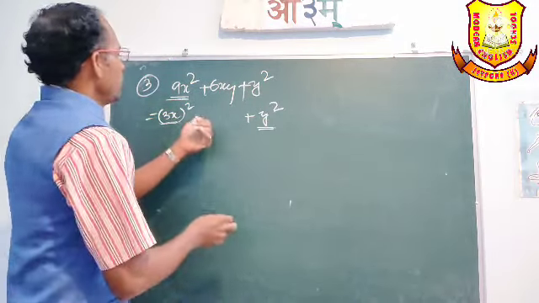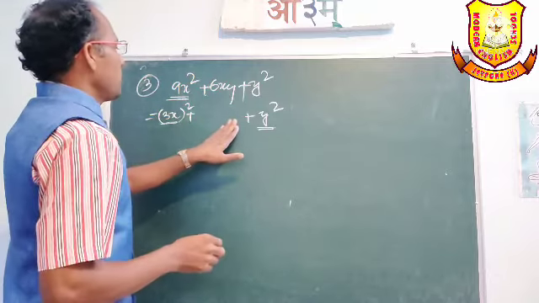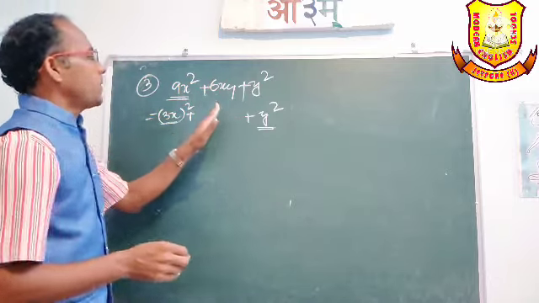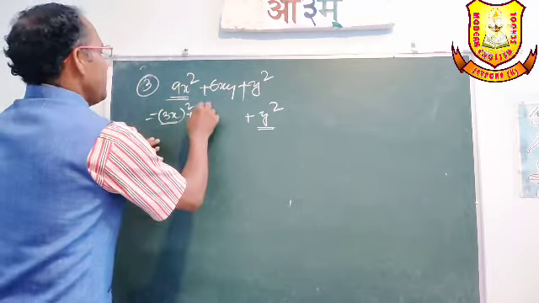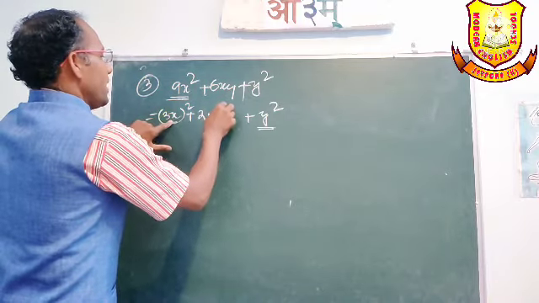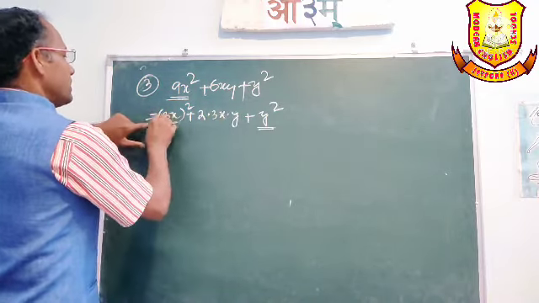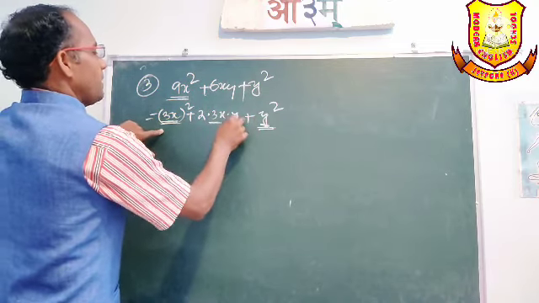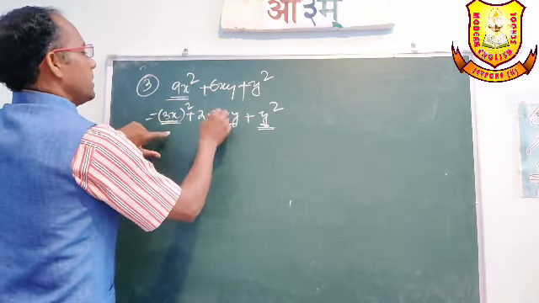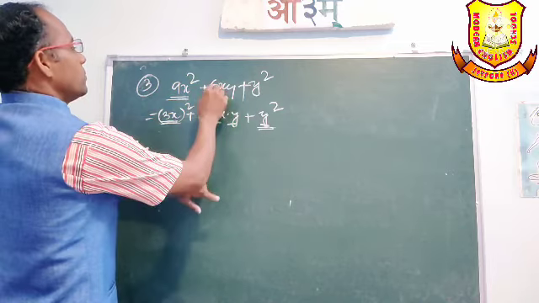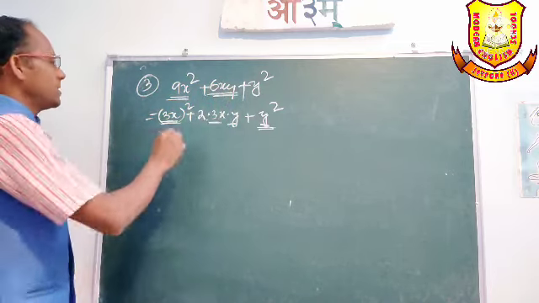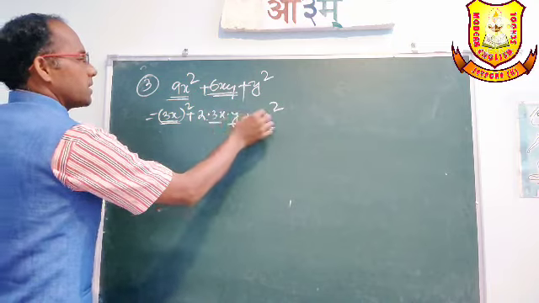So you see here 6xy is in the form of 2ab or not. You write 2 into 3x into y. This is 3x, this is y. So this is 2ab, that is the 6xy. So this is a square plus 2ab plus b square.